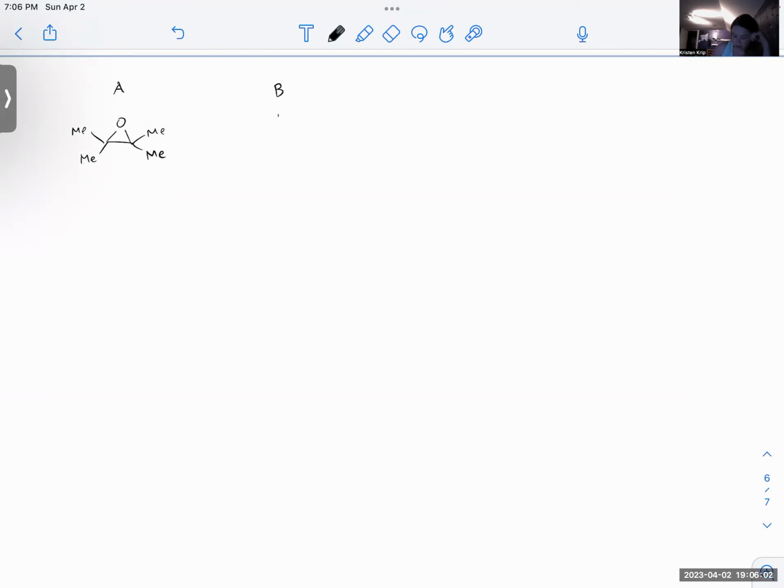B looks like this, and let's not forget the electrons because those are important. This one has methyl, methyl, and then hydrogen, hydrogen. And then our C has all hydrogen.